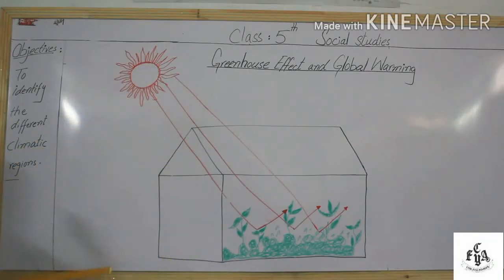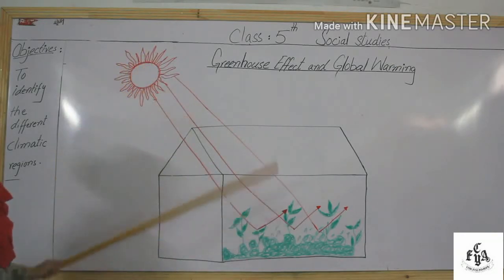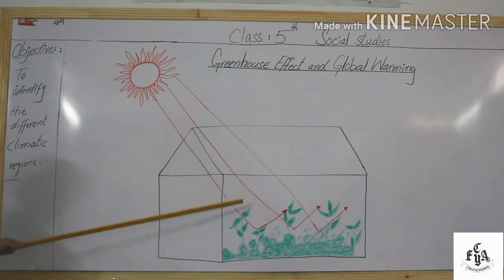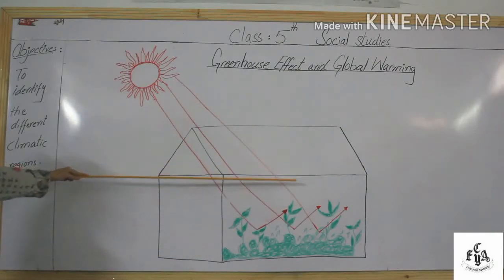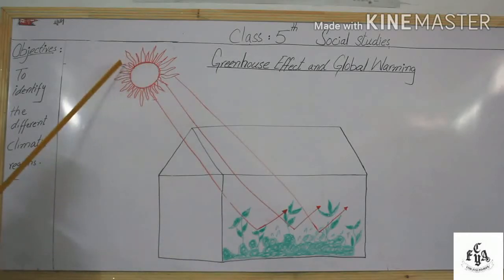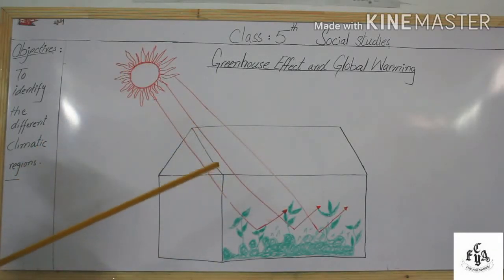These are usually made in nurseries to trap the sun rays inside just to grow the plants well, and this process of trapping the sun rays is called the greenhouse effect.